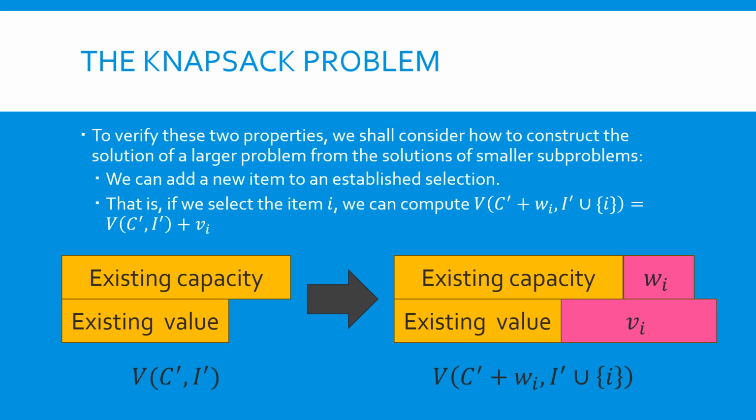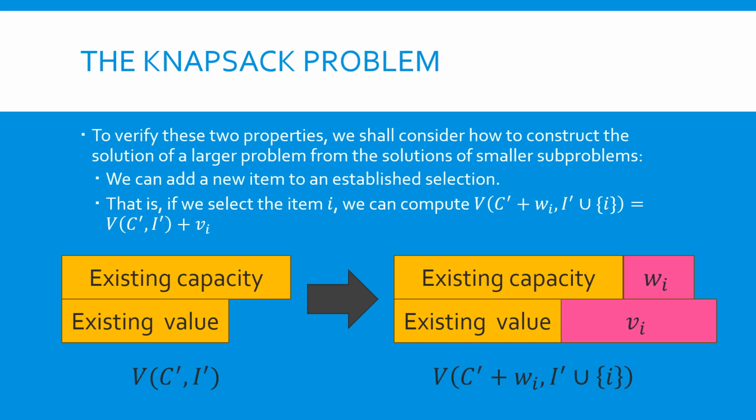To accommodate item i, we need to increase the capacity from C' to C' plus Wi. At the same time, the candidate set must include i, becoming I' union {i}. As a result, the maximum value under this configuration is denoted as V(C' plus Wi, I' union {i}).